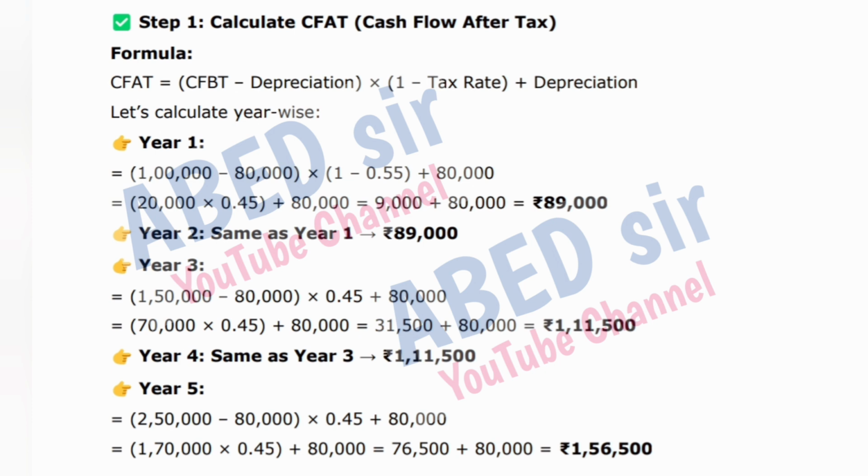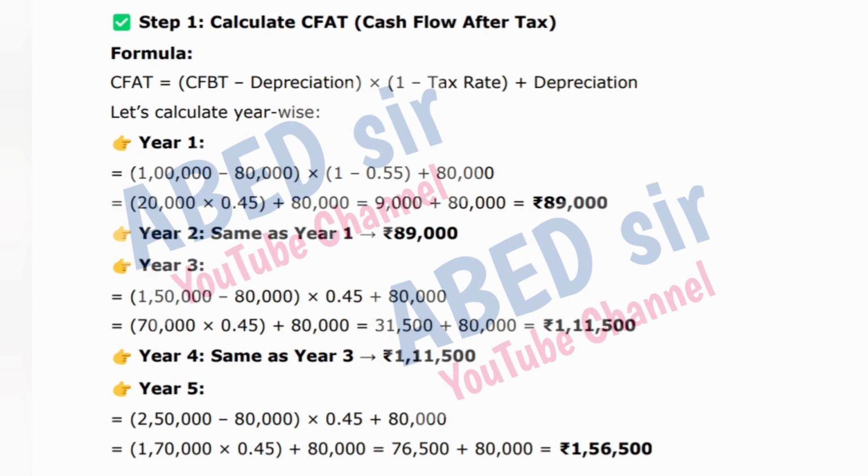Let's calculate year-wise. Year 1 is equal to (1 lakh minus 80,000) times 0.45 plus 80,000 is equal to 20,000 times 0.45 plus 80,000 is equal to 9,000 plus 80,000 is equal to 89,000 rupees. Year 2, same as year 1, 89,000 rupees.